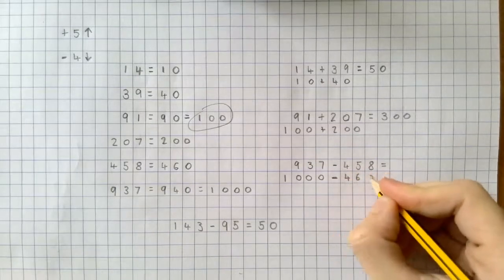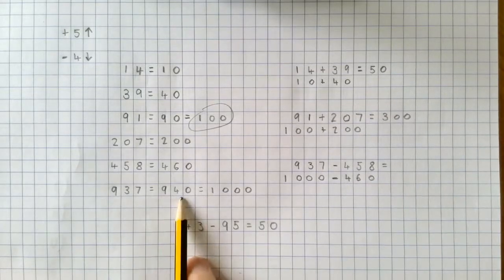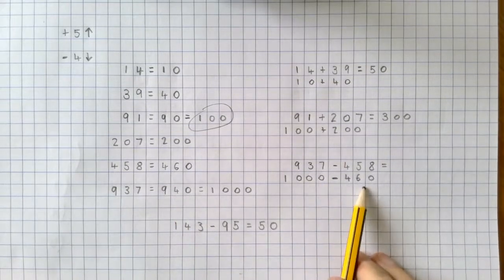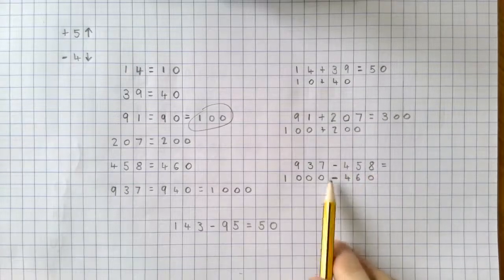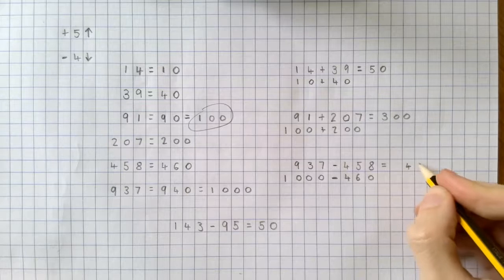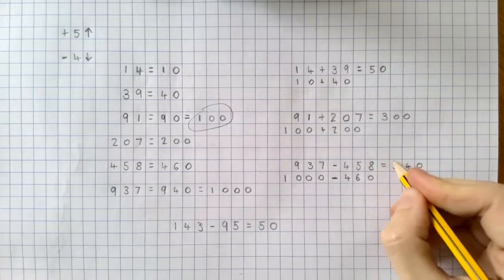And you can see in this case, if I was dealing with 940, it might be more challenging taking 460 away from it. But what I'm actually going to do is quite cleverly use my inverse. I'm going to start at this number and count up. So I know if I add on 40, that'll get me to 500, and then I need another 500 to get to 1,000. So there's my estimated answer.